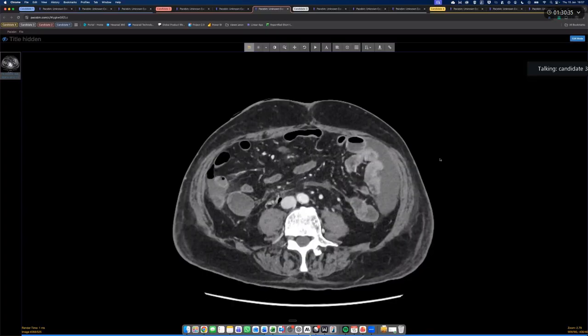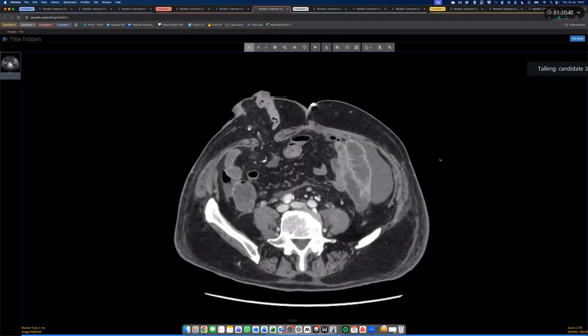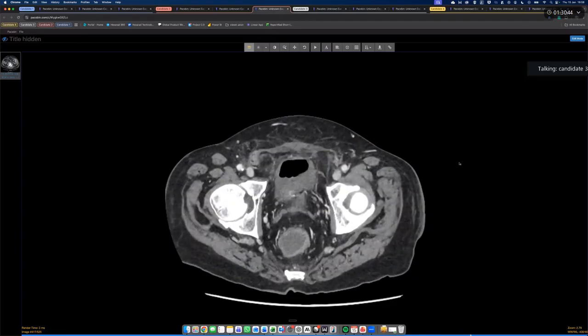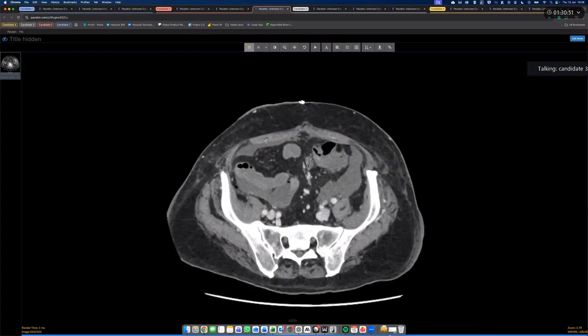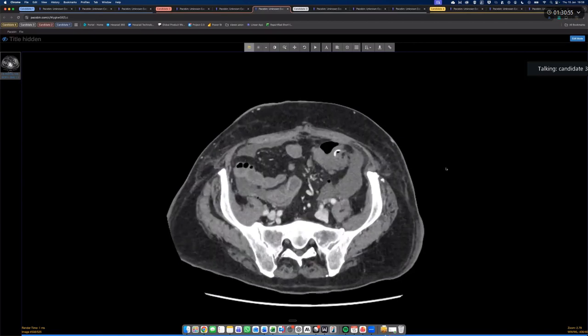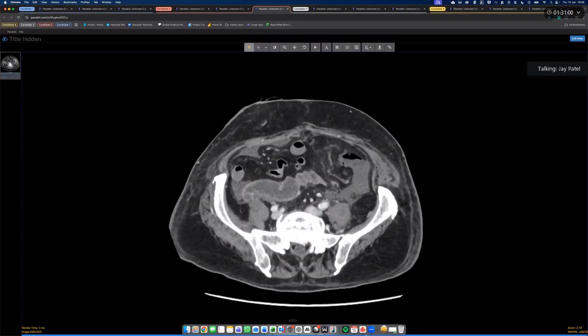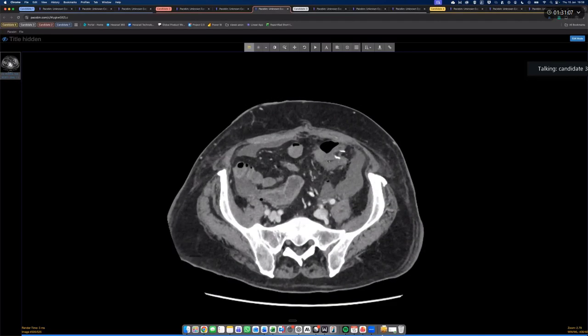So I'm just going down. There appears to be a hyper-enhancing area that I would like to trace the sigmoid colon. The images are jumping a bit. So actually, I was trying to trace the sigmoid colon in its entirety because I was able to visualize some hyper-enhancing areas at the junction of sigmoid colon and descending colon. Yes, there appears to be some surgical clips noted in this region.